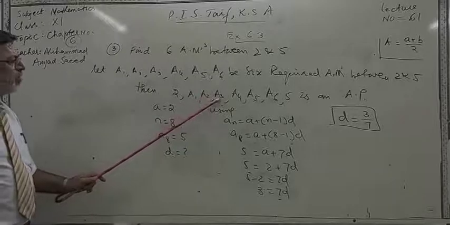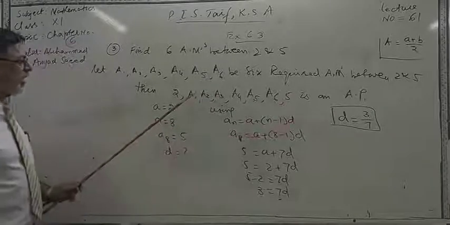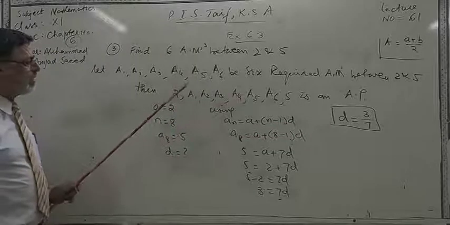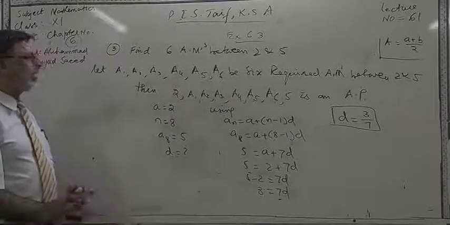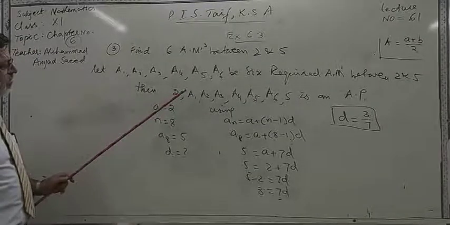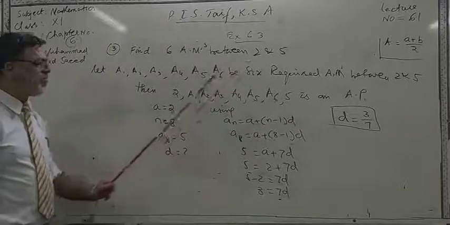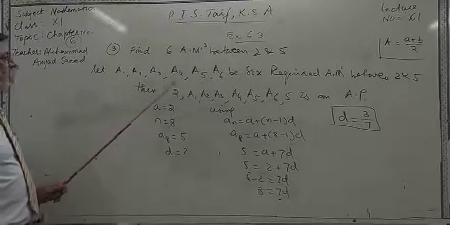Similarly, A3 can be obtained by adding the common difference D to A2, and in this way you will find the other values. In an arithmetic progression, every term can be obtained by adding this common difference to the previous term.